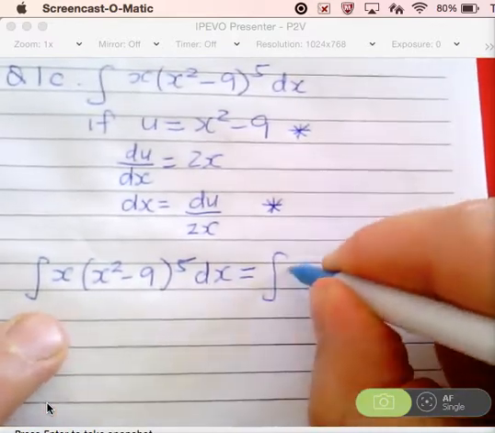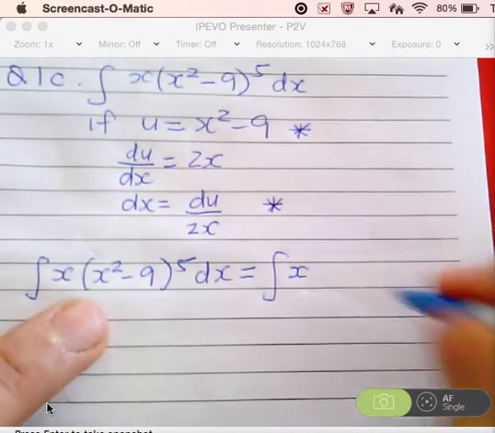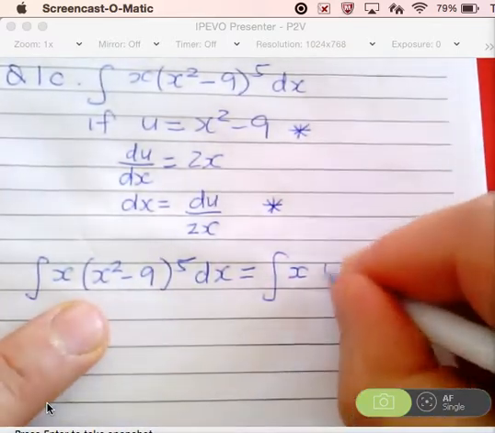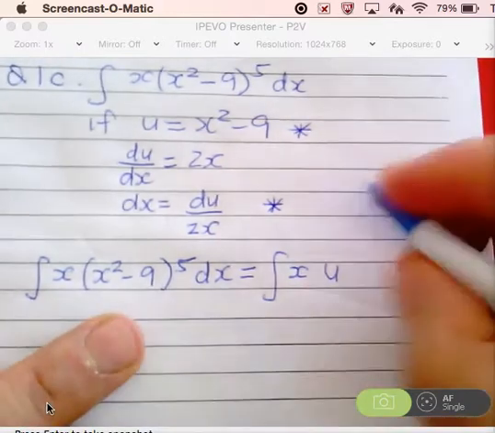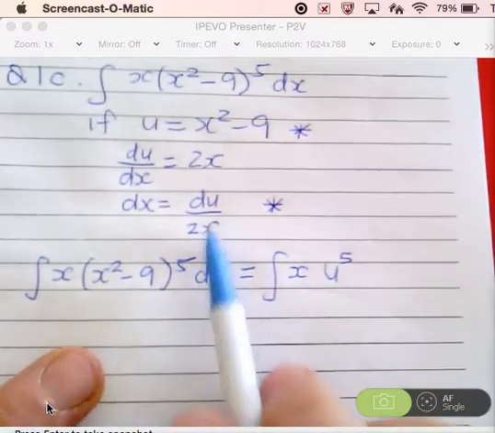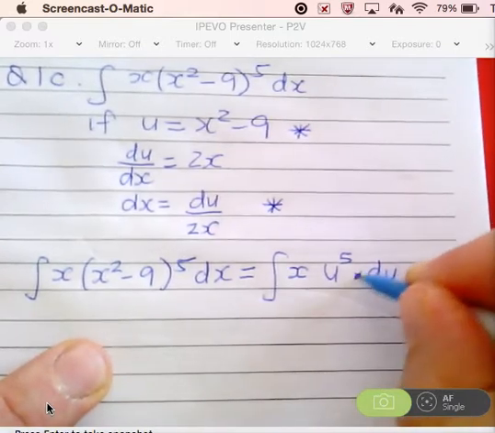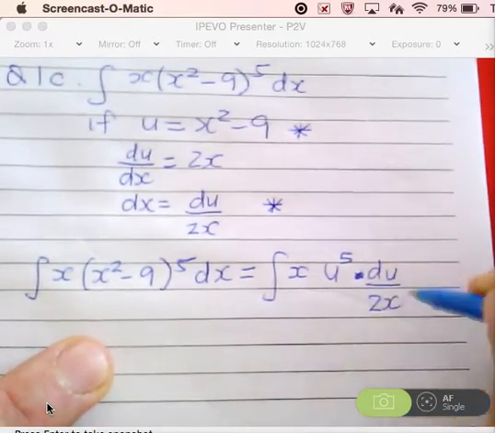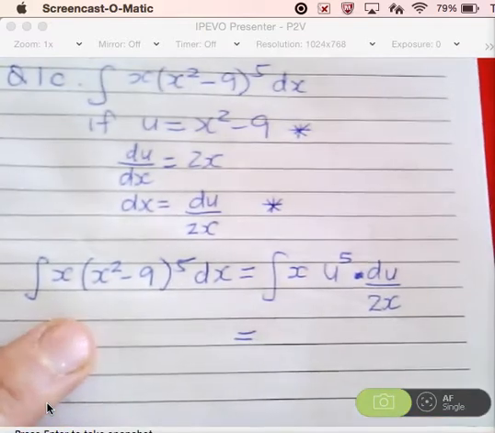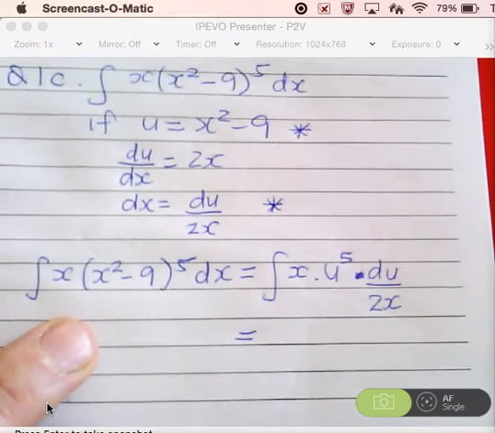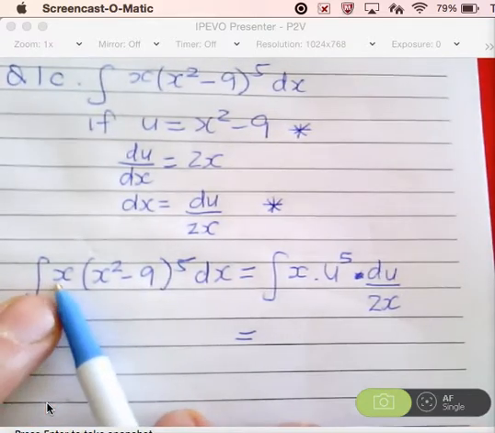All right, x I can't change at the moment. What's x squared minus 9? So u to the power of 5. What does dx equal? du on 2x. Tell me what can cancel. Are you okay with this? I haven't done anything with that x.